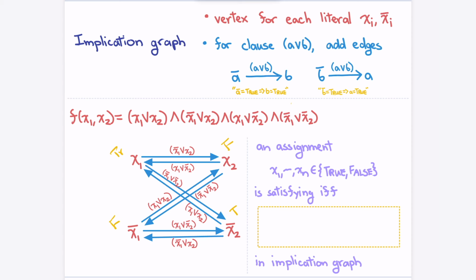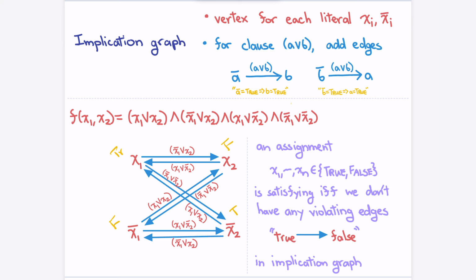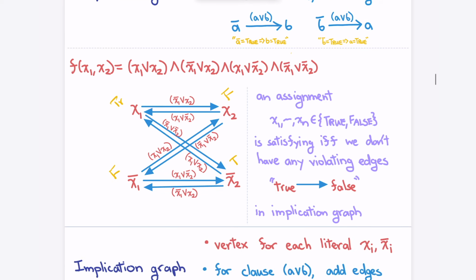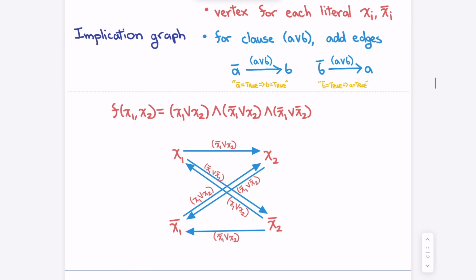This isn't formal, but essentially you shouldn't have x1 and x1 bar or any conjugates in the same place. First of all, you can't have any true to false in the implication graph. That's our definition: if you set something to be true, then everyone it can go to must be true. So I just want to first interpret the graph correctly.